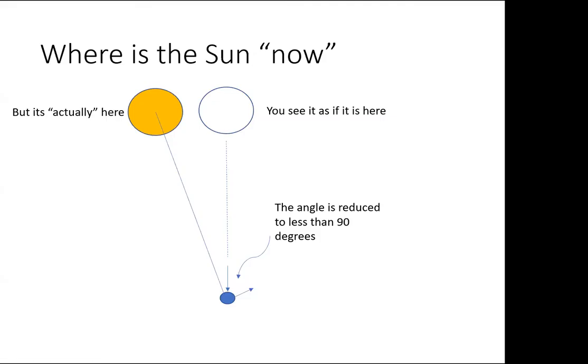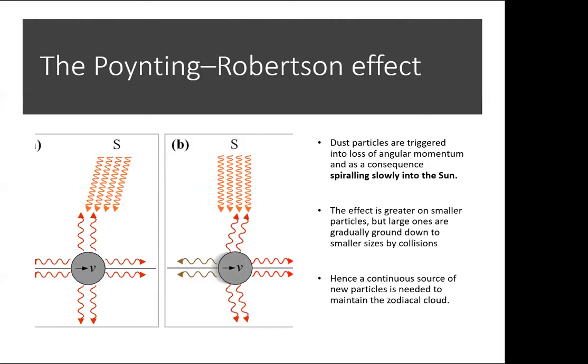So if you were orbiting more quickly, you would see the line of sight to the sun at an even more acute angle than my diagram shows there. Only if you're stationary would you measure the angle as a right angle. Why does that matter? What's that got to do with dust? Well, I'll try and show it in this diagram.